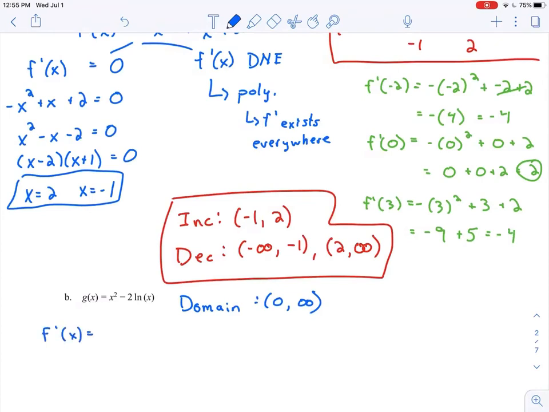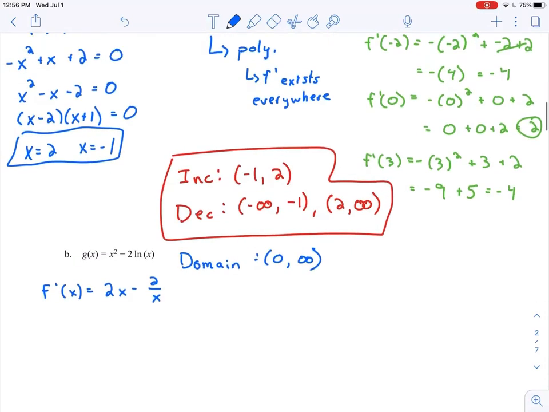F prime of x here would be 2x minus 2 over x, for the derivative of natural log of x. It's up to you whether you want to leave it like this. Personally, I think it's usually easier if we find a common denominator between these two terms. So I'm going to go ahead and find a common denominator. This is really 2x over 1.